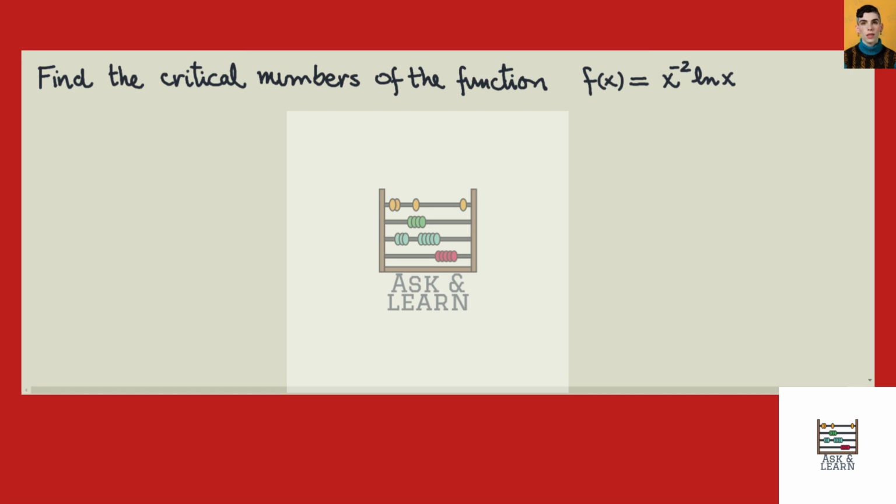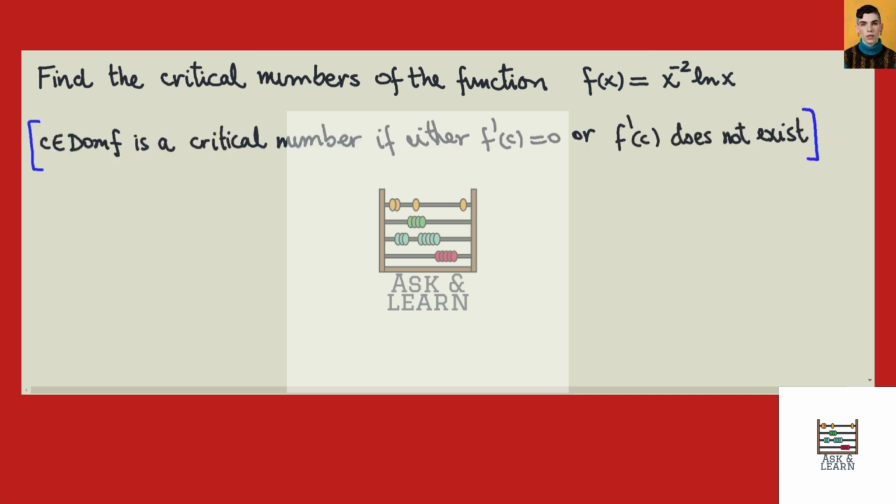We want to find the critical numbers of the function f of x equal x to the negative 2 times natural logarithm of x. So we remember the definition of critical number.